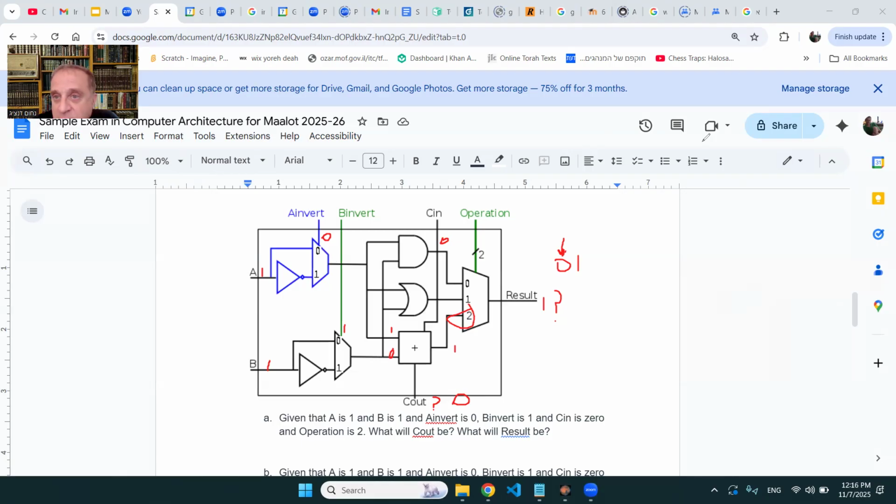Now, we have another question. Can I get rid of these annotations? There should be a marker. Maybe just Control Z. Control Z, no, not letting me. There's an eraser, I don't see the eraser.